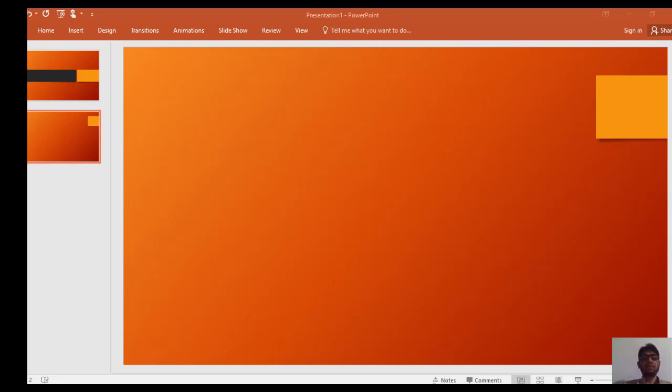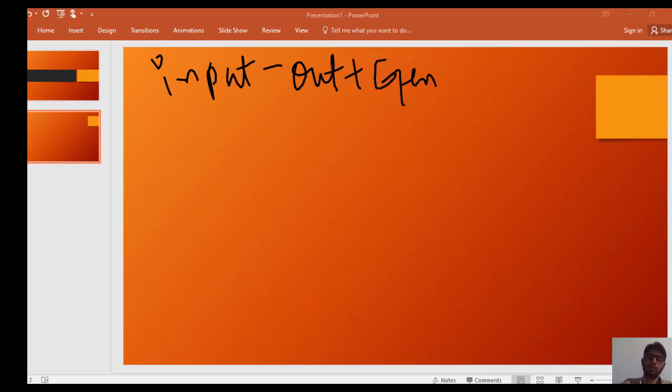For this case we will use the general energy balance equation, which is energy input minus output plus energy generation minus energy consumption equals energy accumulation.